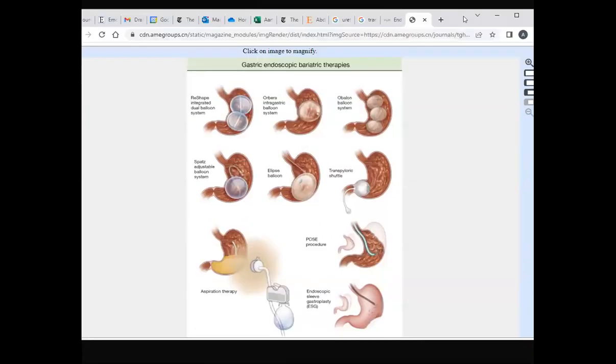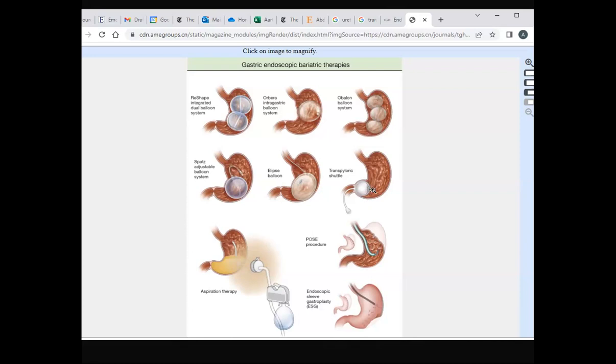Can you guys see this? Yes. Cool. Apparently there are all these different types of balloons they can put in the stomach. So it's kind of ingenious. Instead of doing gastric bypass surgery, they put a balloon in the stomach to give you early satiety. One of my colleagues was saying that in the US, they've seen one where they basically just blow up a balloon and leave it in your stomach.